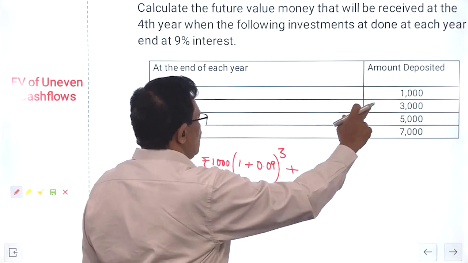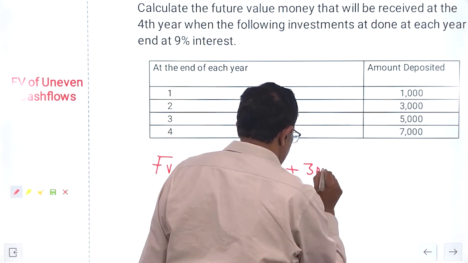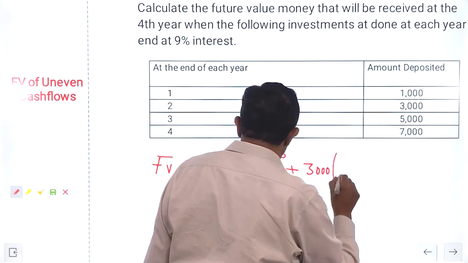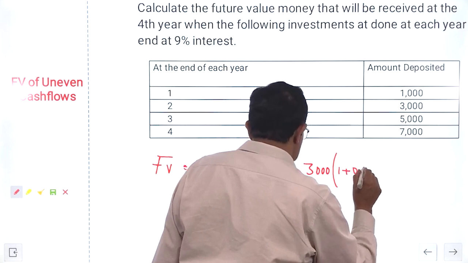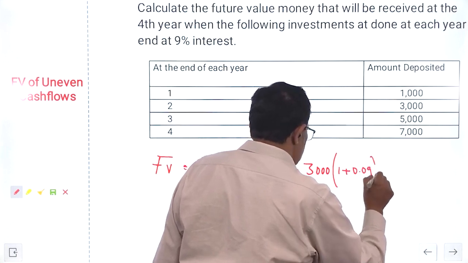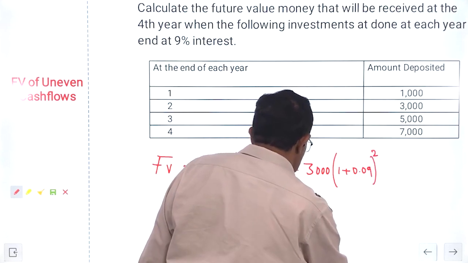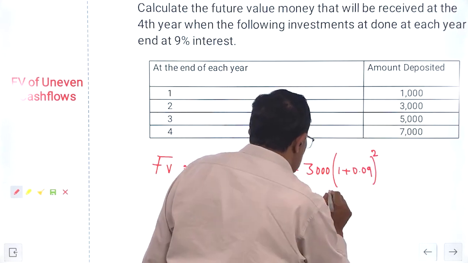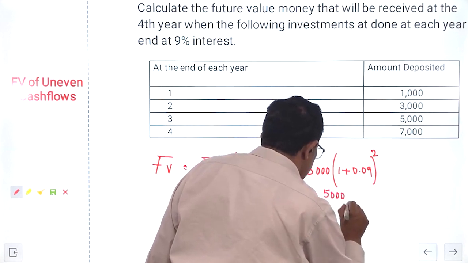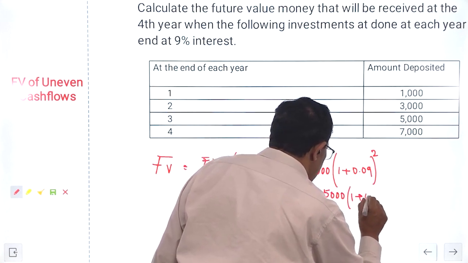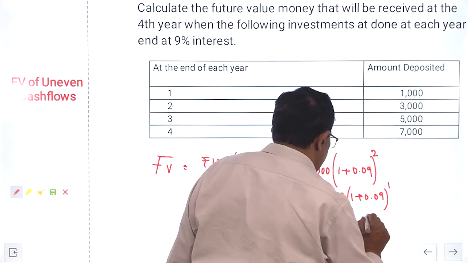Then coming to the second amount, it is 3000, and this is going to stay with the banker for only 2 years. Then he is also depositing 5000, and this amount is going to be in the bank for 1 year.